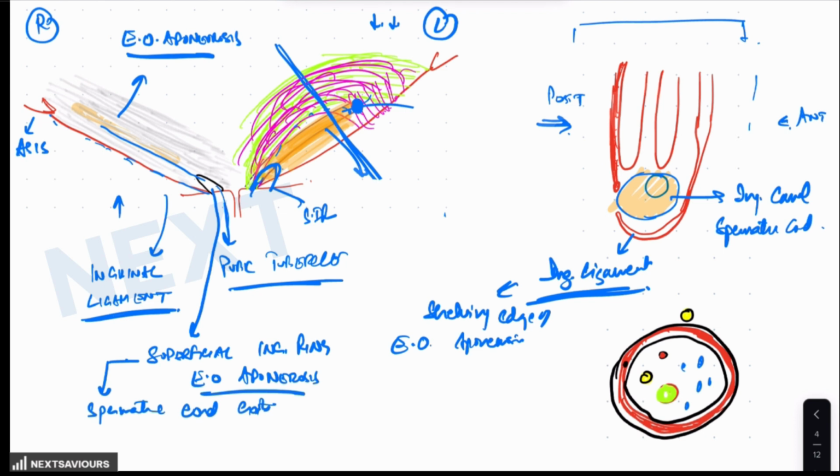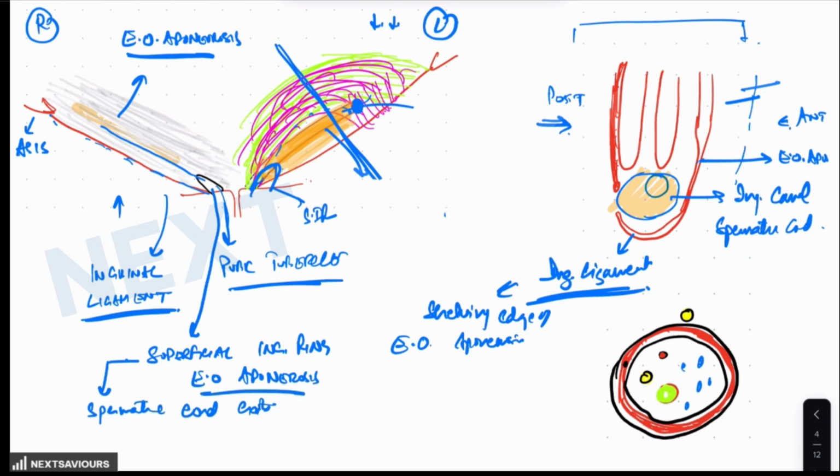From anteriorly, when we go in, we cut the skin, then there is subcutaneous tissue, and then we come across a sheath which is called the external oblique aponeurosis. This external oblique aponeurosis covers the entire abdominal wall on the anterior aspect.